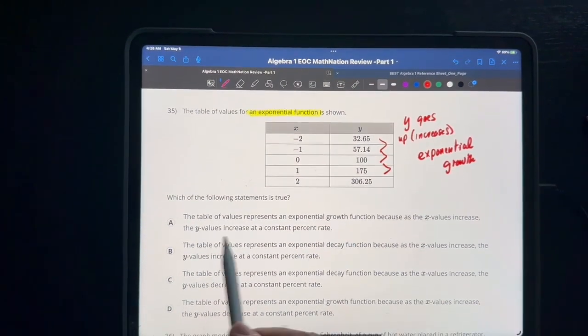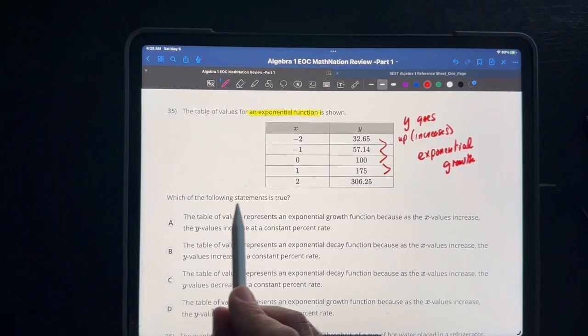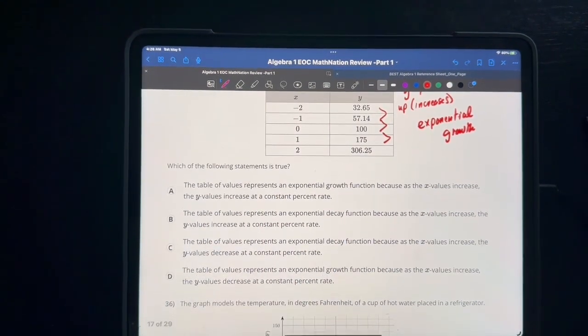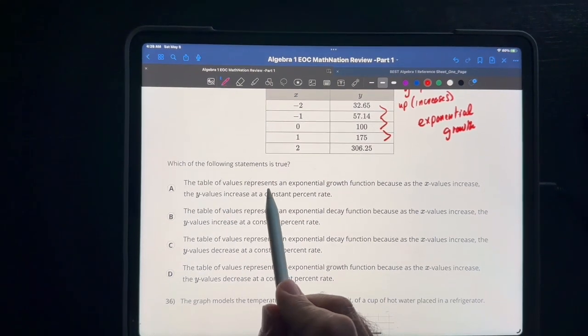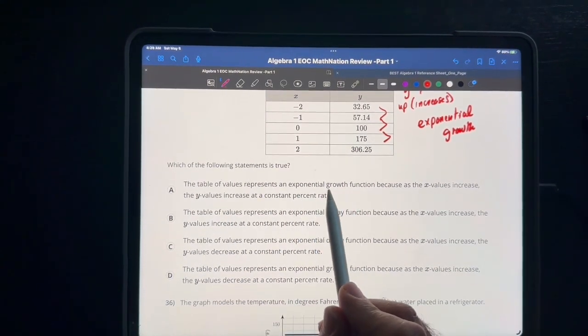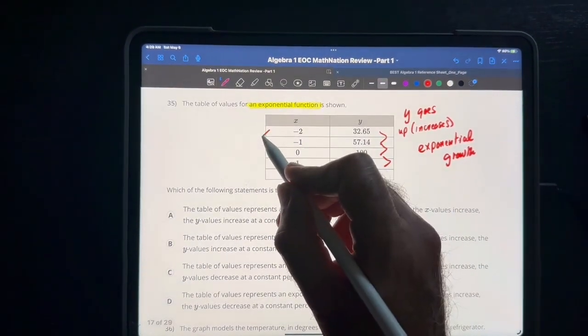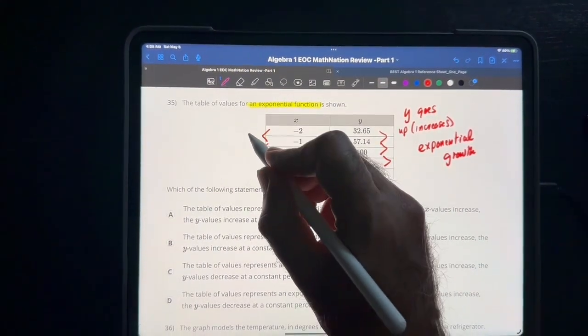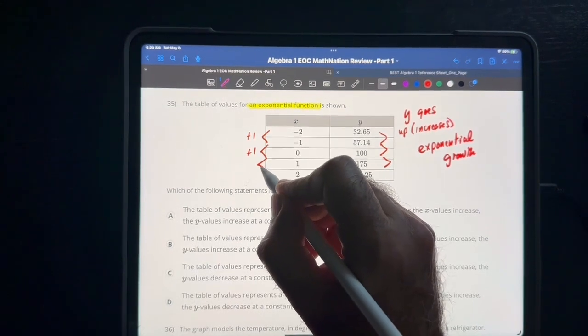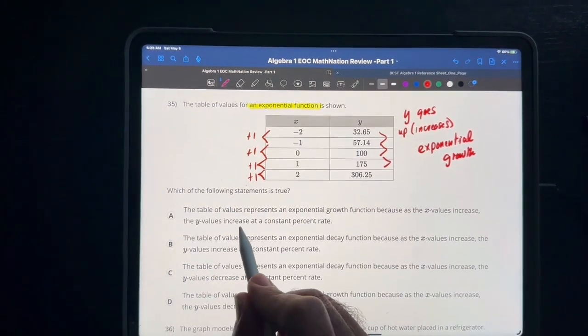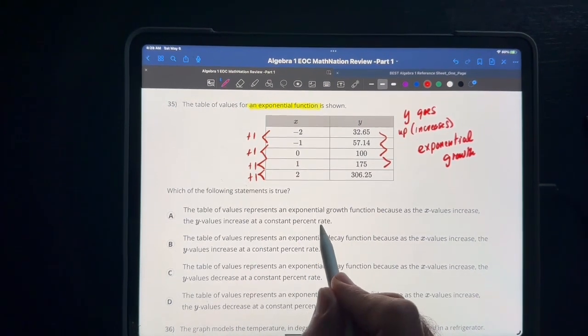So not decay. Let's check it out. It says, which of the following statements is true? This is multiple choice, not select all. Let's read. The table of values represents an exponential growth. That's true, because as x increases, it's going up by 1, and the y values increase at a constant percent rate.